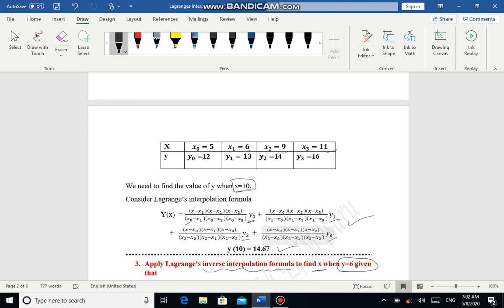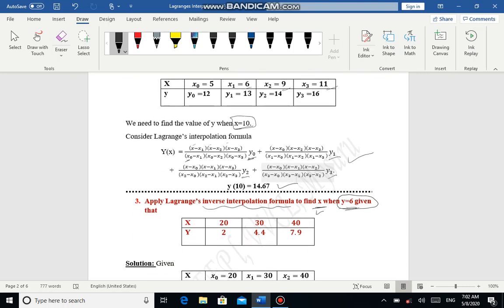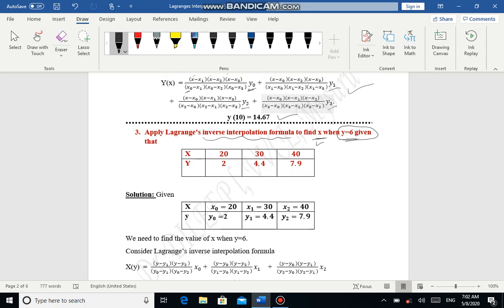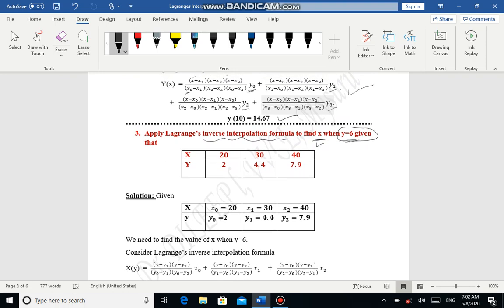So in this problem, we need to find x when y is equal to 6. So consider the Lagrange's inverse interpolation formula. And here, we don't have x3 and y3 values. So in each term, y minus y1, y minus y2, no need of y minus y3 because the y3 value is not given. Okay, so this is the formula for the given data.